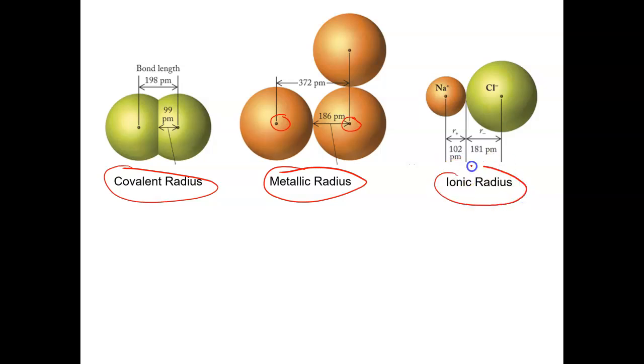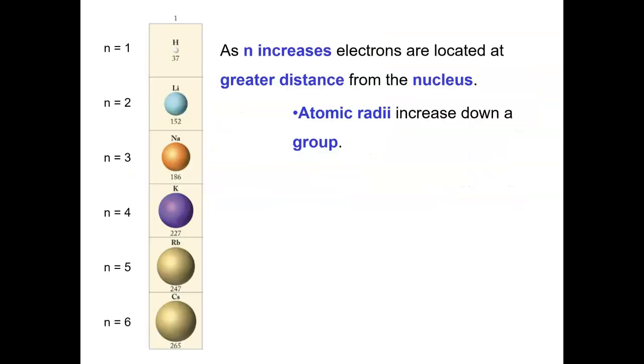Sometimes we'll determine the ionic radius, and to do this we'll use a technique called X-ray crystallography, and this is going to be the distance between adjacent atoms in an ionic compound, and we'll need to do some fancy measurements, and we'll learn how to do those later on in chapter 10 to get the actual size of the ions.